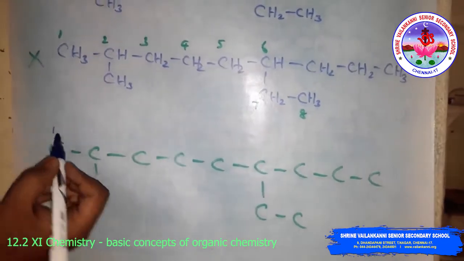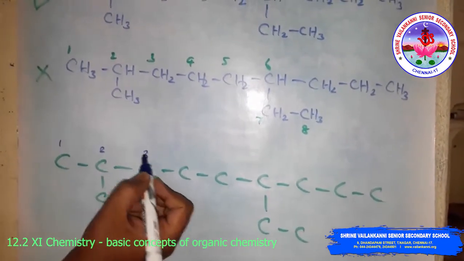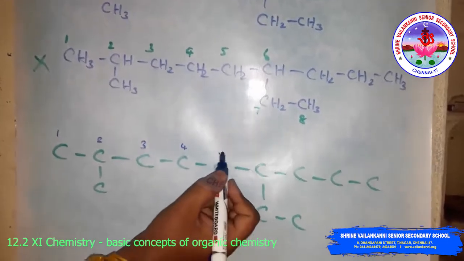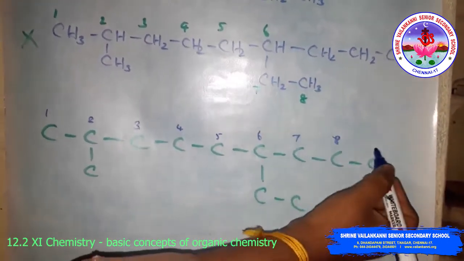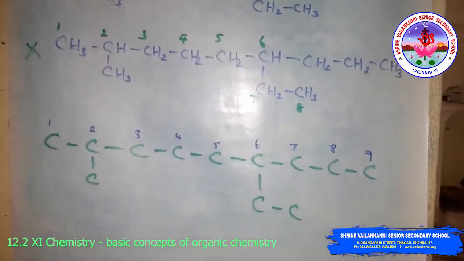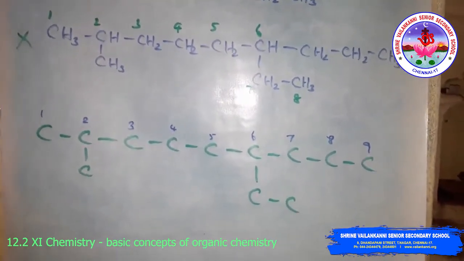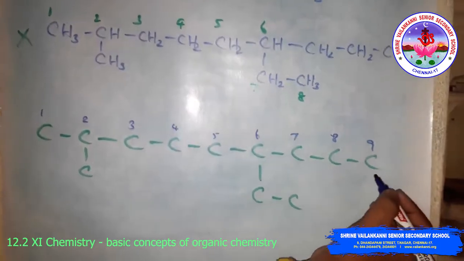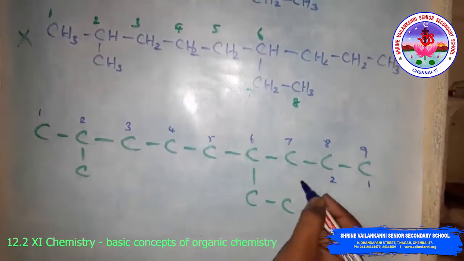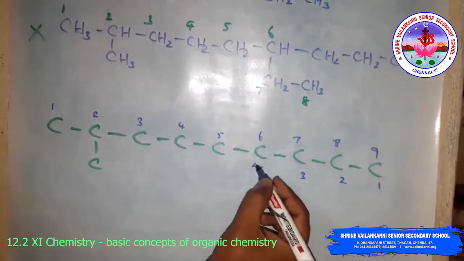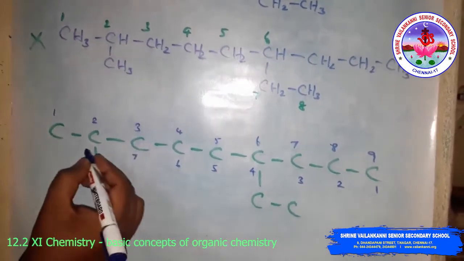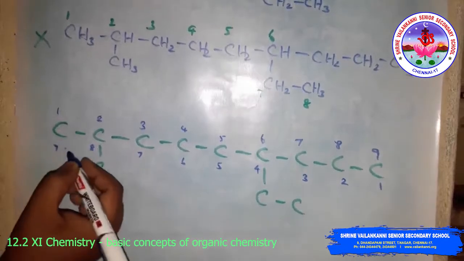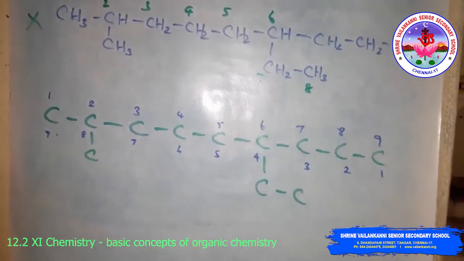See, 1, 2, 3, 4, 5, 6, 7, 8, 9. Then another possibility is that you can give the numbering 1, 2, 3, 4, 5, 6, 7, 8, 9. Here one method is correct.